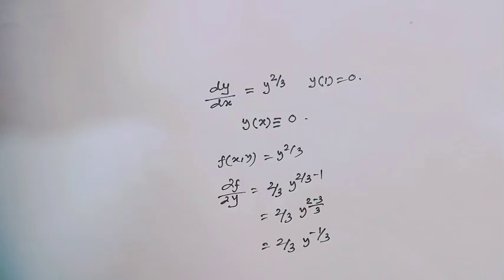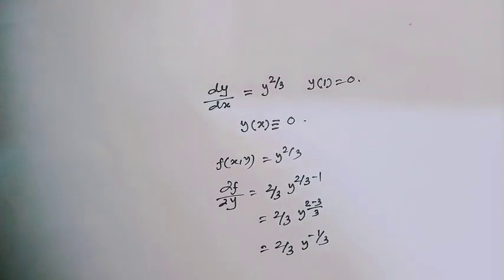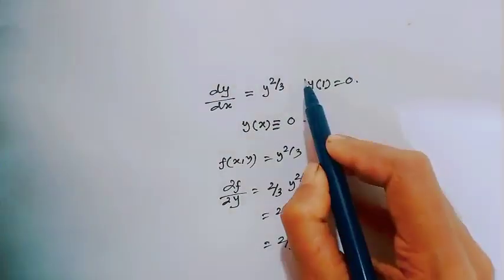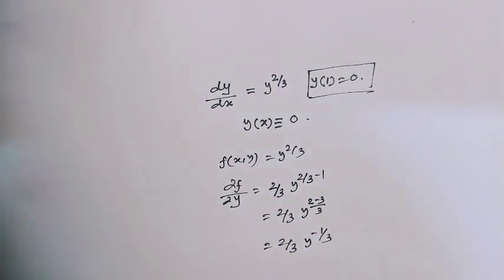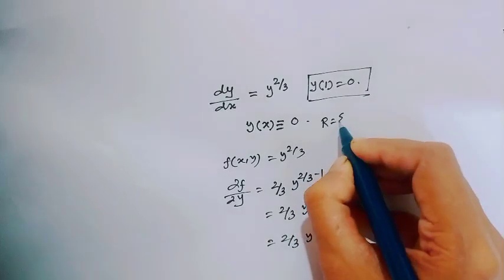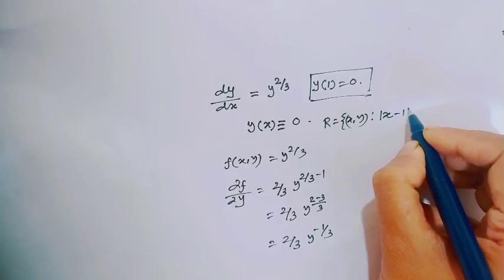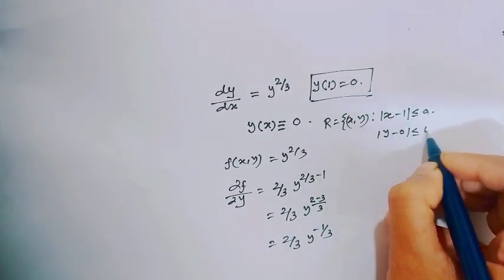Let's see another question. Here the function is f(x,y) equal to y to the power 2/3 with the initial condition y(1) equal to 0. That means here the region R equal to (x,y) such that |x - 1| less than or equal to a and |y - 0| less than or equal to b.